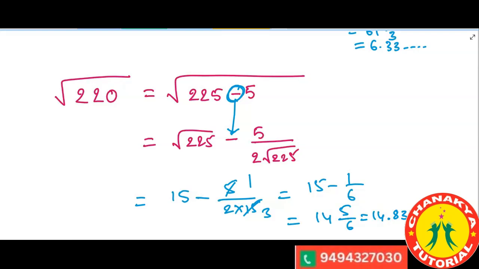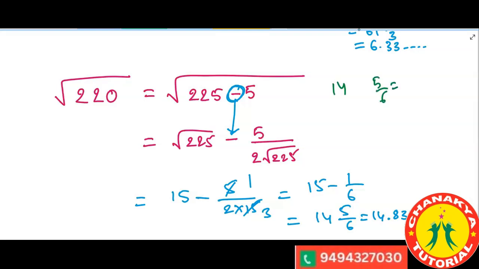Sir, could you tell how to convert the answer into 14.83? That thing we are going to start today only, divisions. I have kept that 14 as it is, and converted that 5 by 6 in terms of a fraction. 5 by 6.